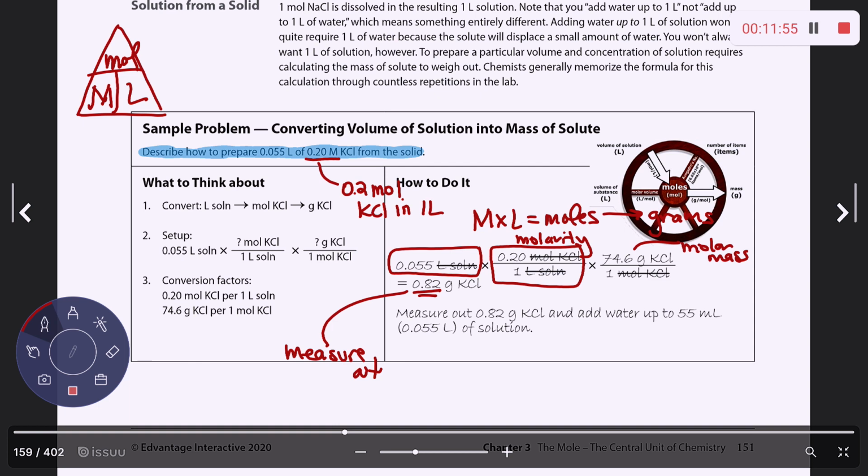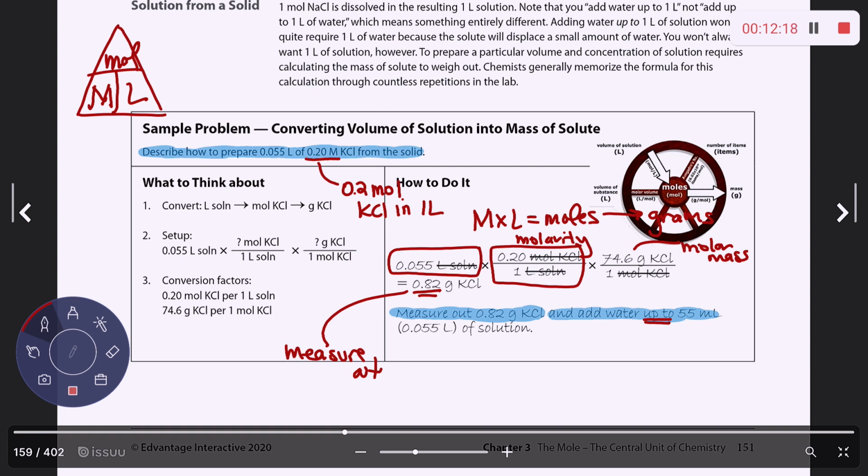You would say, measure out 0.82 grams of KCl. You've got to tell me what the substance is, so give me the chemical formula. And then you would say, add water up to whatever the volume is that I'm asking for. Make sure you say up to. Otherwise, it shows that you don't fully understand how to make a solution.